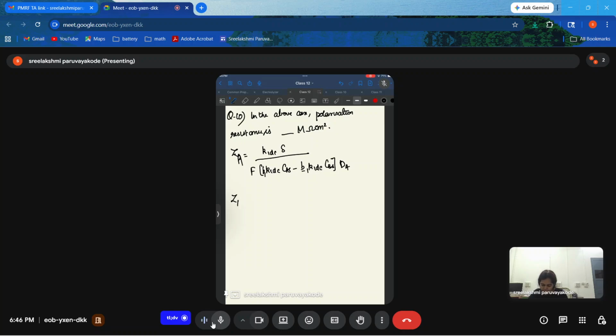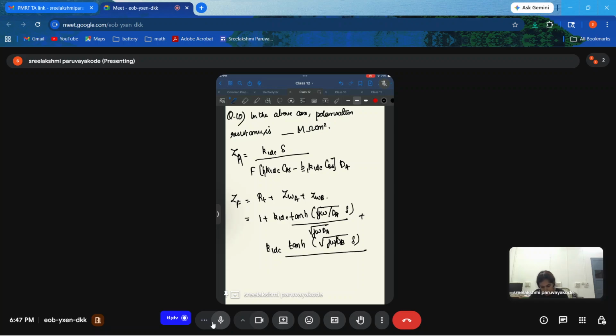Okay, so we have ZF, the total Faraday resistance, as the charge transfer resistance plus the Warburg impedance of A plus the Warburg impedance of B. So which is 1 plus K1 DC tanh root of j omega by dA del by root of j omega dA plus K minus 1 DC tanh root of j omega by dB into del whole divided by j omega dB, the whole in the root.